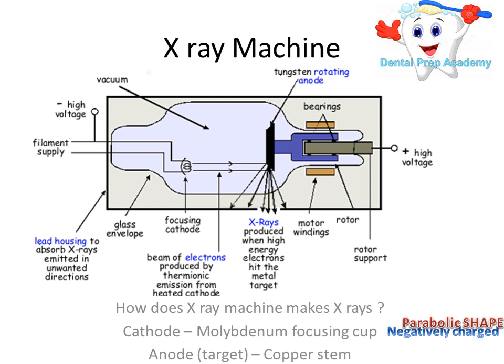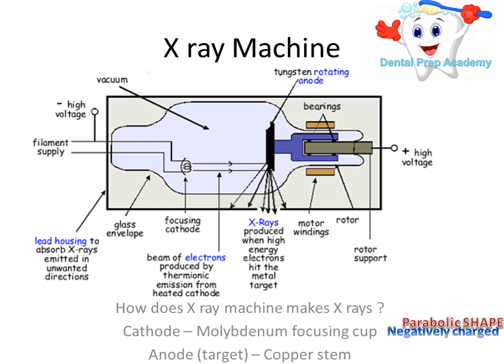At the cathode, a molybdenum focusing cup is present, which is negatively charged and parabolic in shape. Also note that the cathode itself is negatively charged, and the anode target is positively charged.